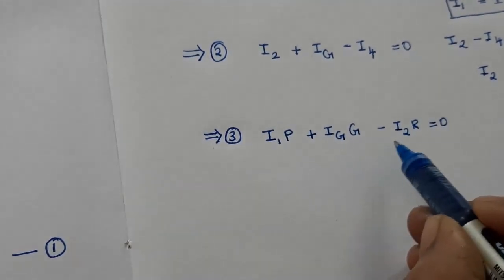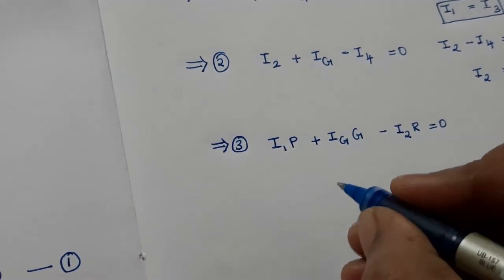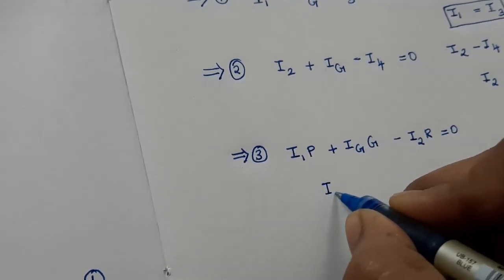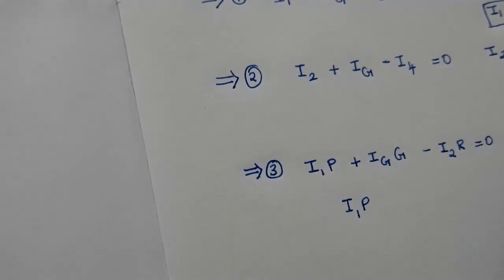Our third equation is I1P plus IGG minus I2R equal to 0. Again this IG will be equal to 0, and we have also shown that I2 is equal to I4.